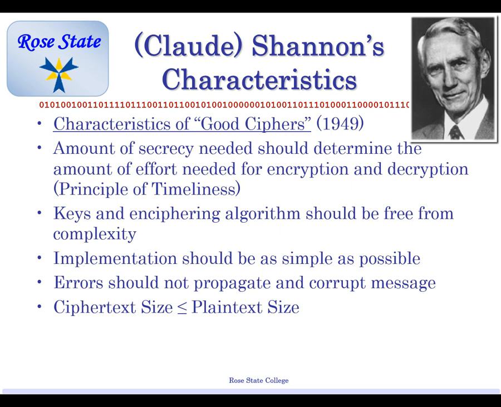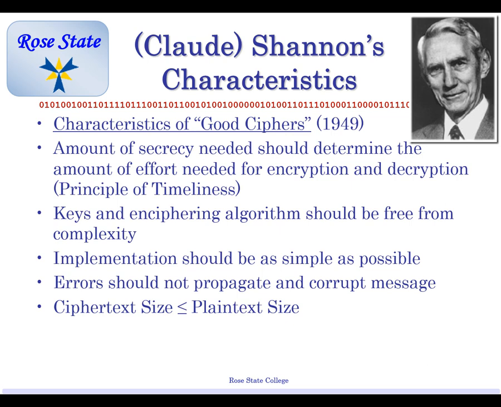So implementation should be as easy as possible. Errors should not propagate and corrupt the message. Can you imagine if they had this schedule here, and they made a typo on page 5, and that typo propagated through the entire thing? The whole book would be worthless. You want to make it so that if there are errors, some parts are going to be screwed up.